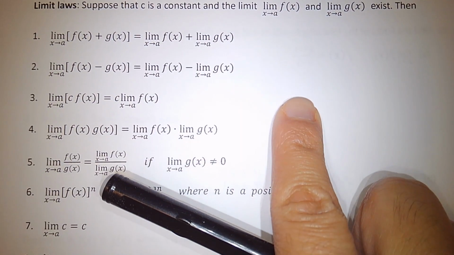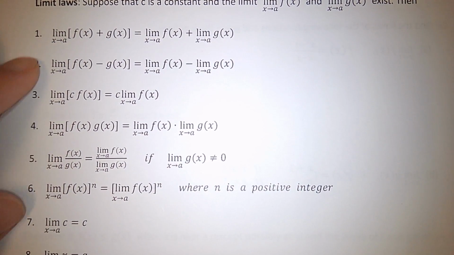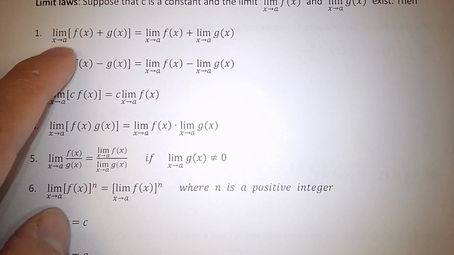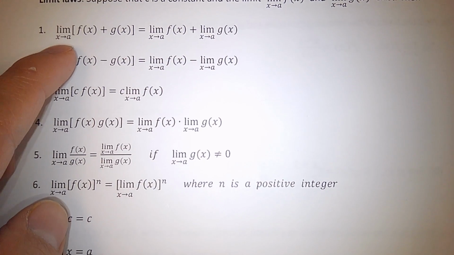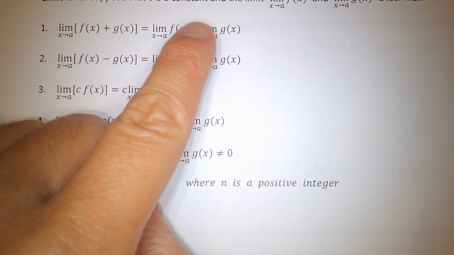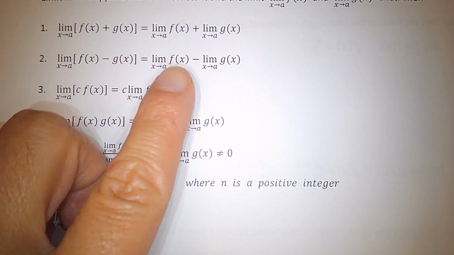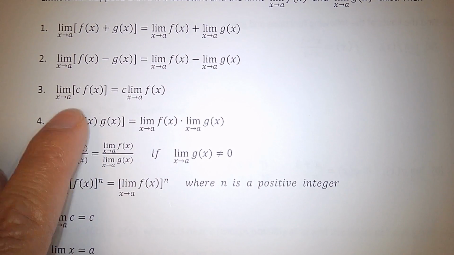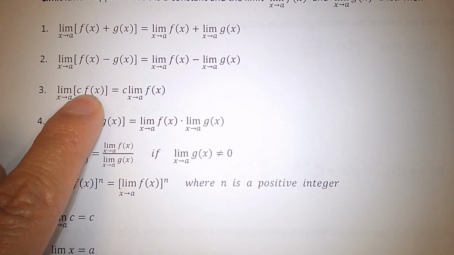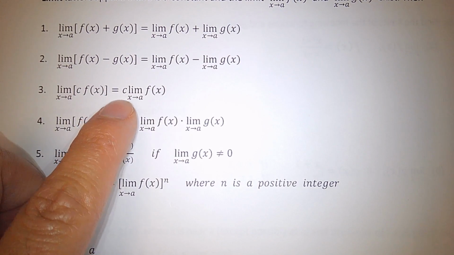These are the very standard, common sense laws. So let's talk about them very quickly one by one. The limit of the sum of the functions equals the sum of the two limits. The limit of the subtraction equals the subtraction of the limits. If we have the limit of a constant c times f of x, we could multiply this c in front of the limit.